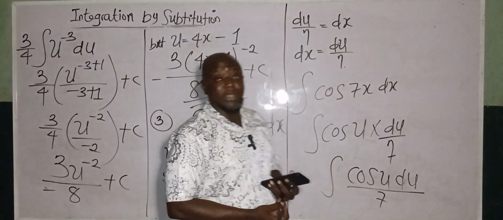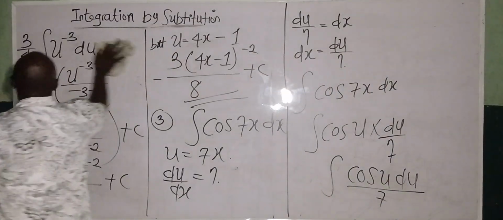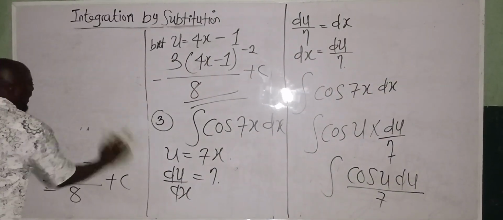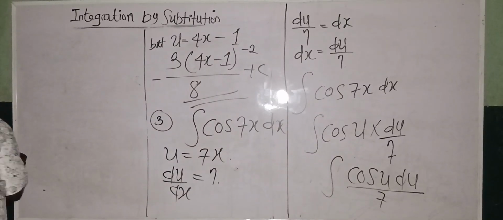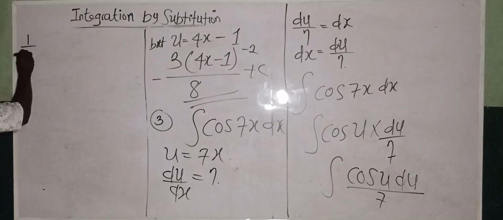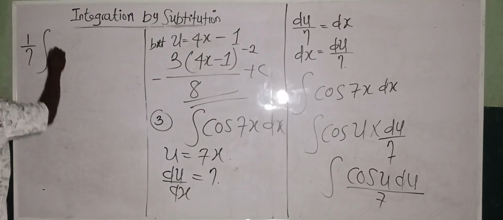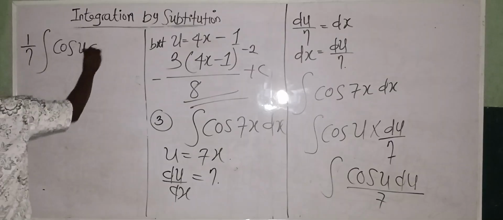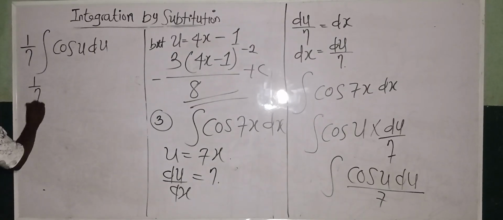Remember what I told you, that 7, when it comes out, becomes 1 over 7 there. So I will have 1 over 7, bringing the 7 out of the integral sign. Then I now have cos u du. So to integrate now, I will have 1 over 7.